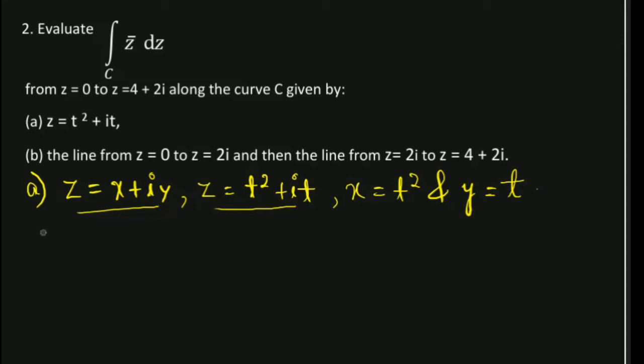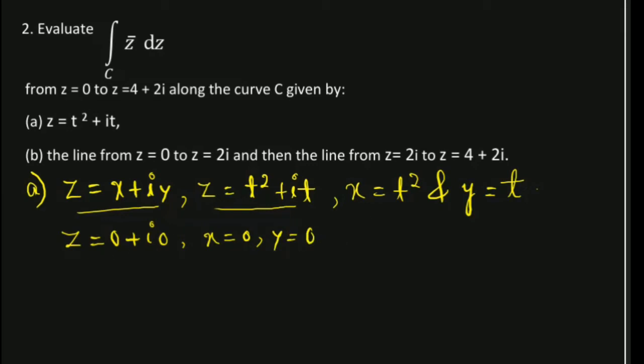So now we will find the limit. For finding the limit, it's given that z is equal to 0. So 0 means this is equal to 0 plus 0i. That means here x is equal to 0 and y is also equal to 0.